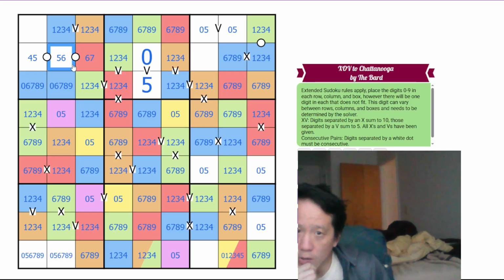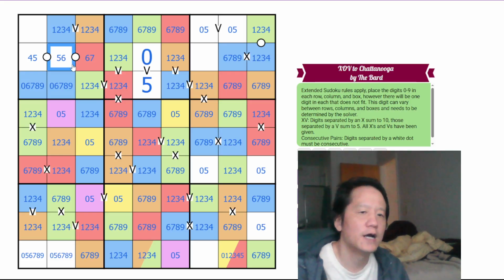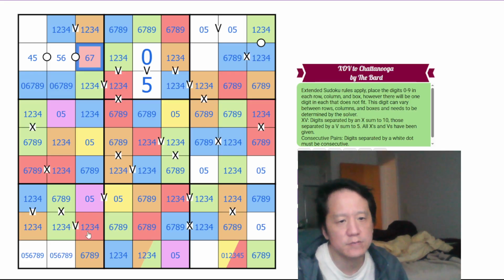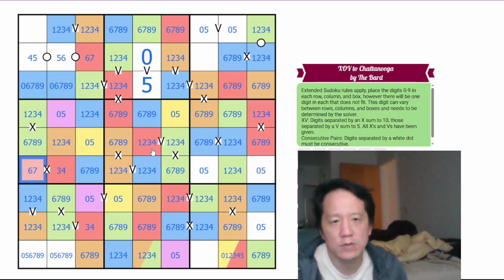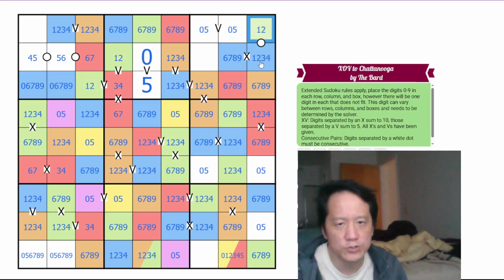So red high has to be 6 or 7, which means red low has to be 3 or 4. Which means the green low is 1 or 2.